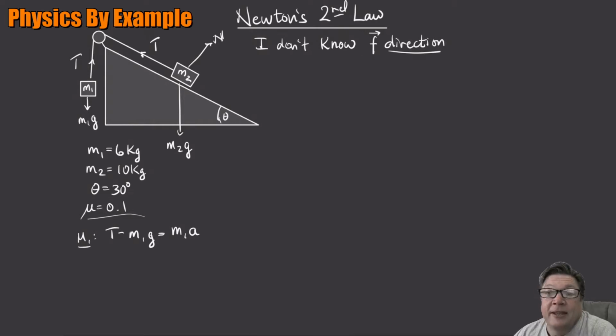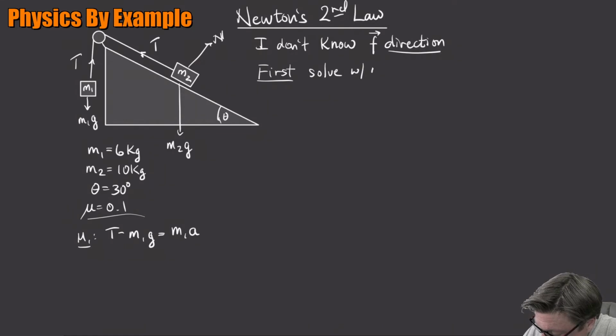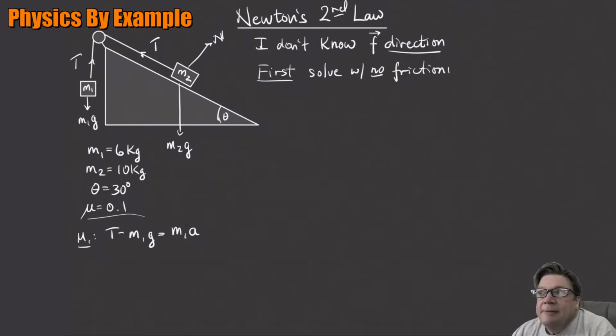Here's the way that I do it. First, solve with no friction. What I know is that friction is going to oppose the motion that this thing would have if there were no friction, right?